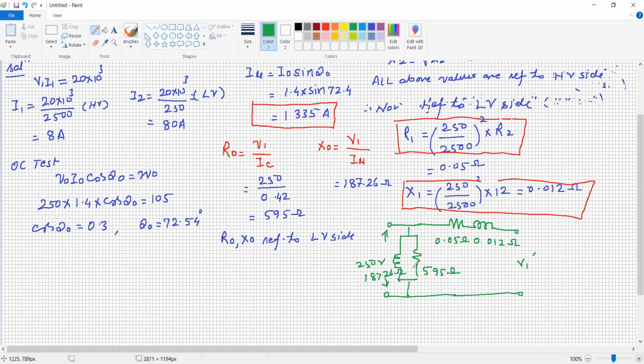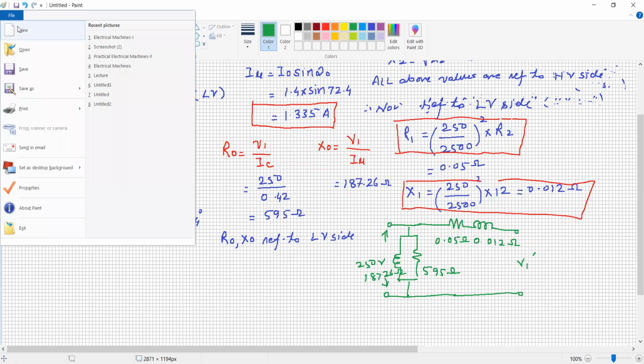Now this data is used to calculate the efficiency, losses, and voltage regulation as per the requirement. With the help of the OC and SC tests, we can find the efficiency and regulation.